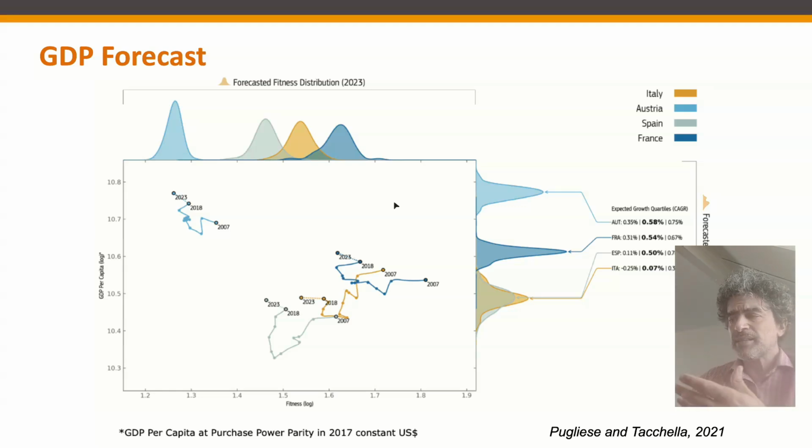And there have been studies by the group led by Andrea Tacchella, checking how well we can forecast, how well we can understand the GDP per capita of countries in the future, and in 2021 they came out with a paper showing that this is actually the best way of making GDP forecast today, comparing it with, for example, IMF techniques and so on.